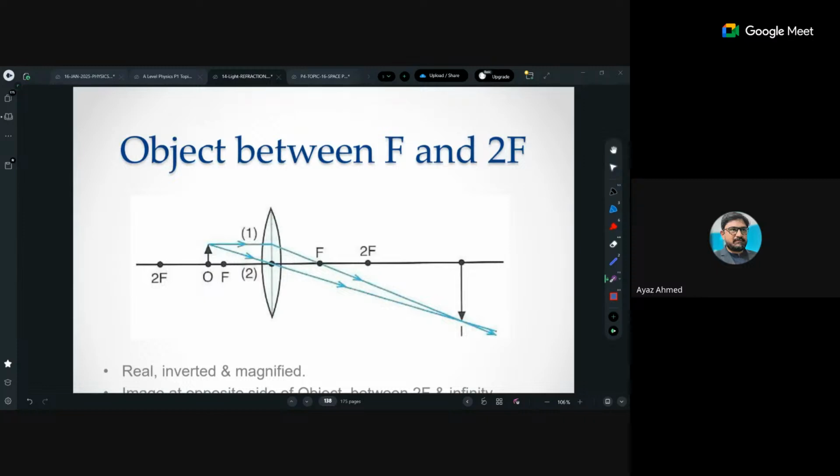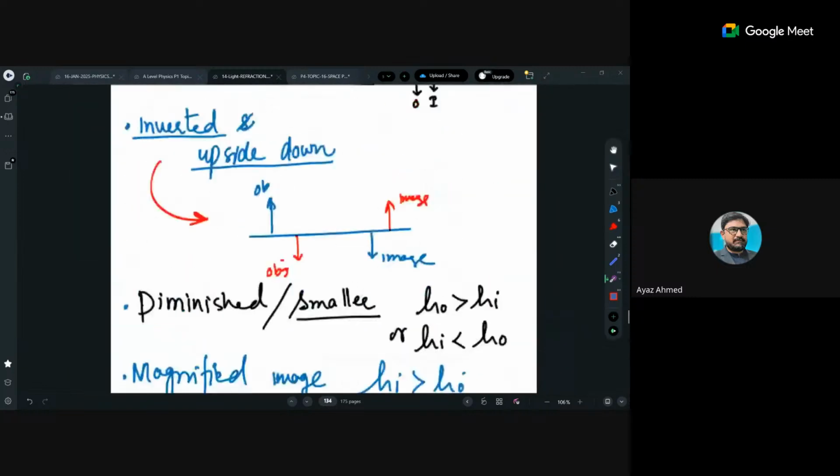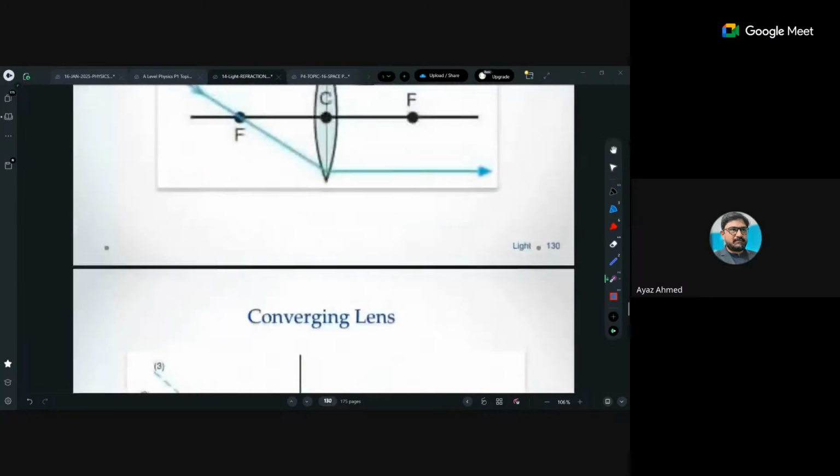Then we have the third one, the object between f and 2f, that is, when you have placed the object between f and 2f. Before that, let me move on to one of the diagrams.